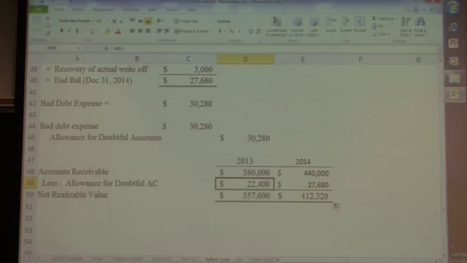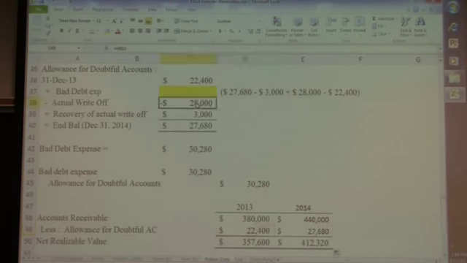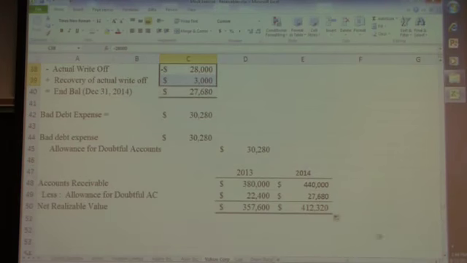But in 2014, our actual write-off was $25,000, as you can tell from here, if you net out the recovery. So basically, the answer has to be no. It's not very conservative, because they only provided for $22,400 to go into 2014, and they actually ended up needing $25,000 for 2014. So they should probably be a little bit more aggressive in their estimates to come up with the allowance. This now concludes the question, and thank you.